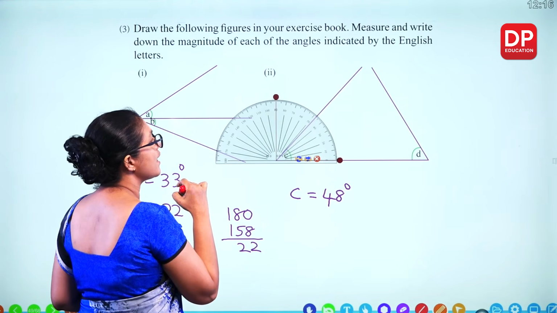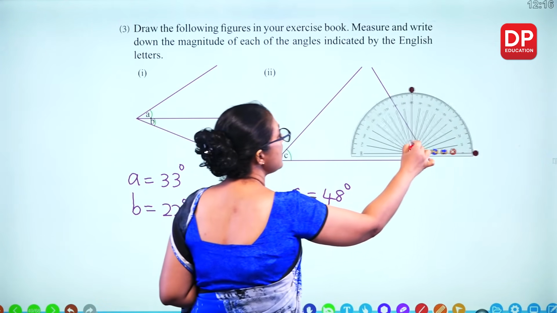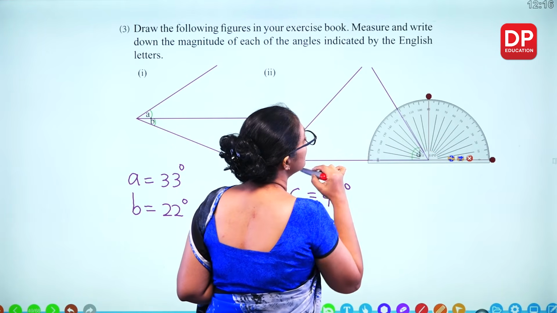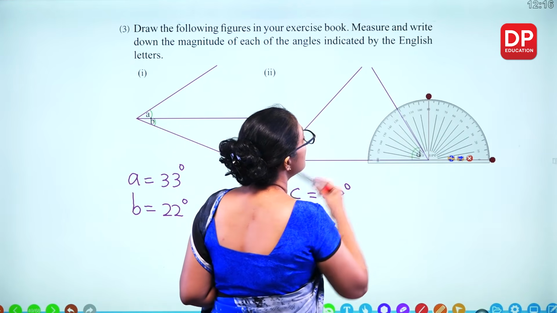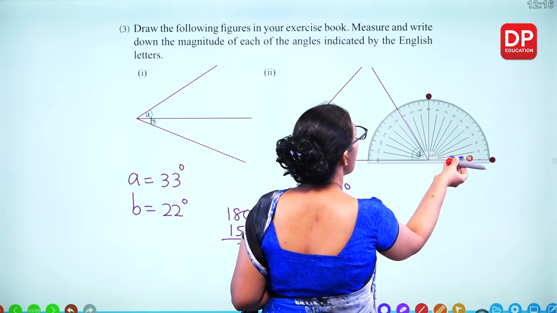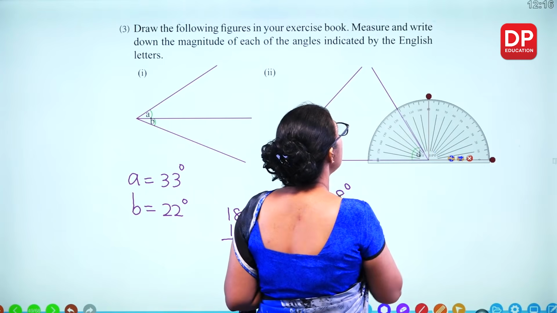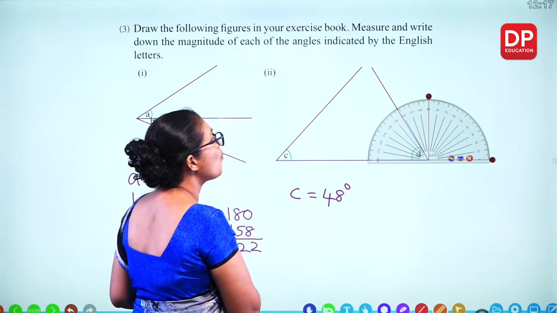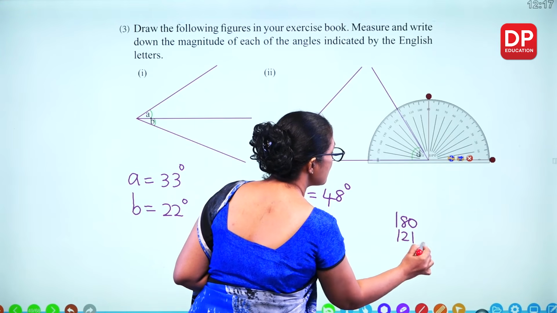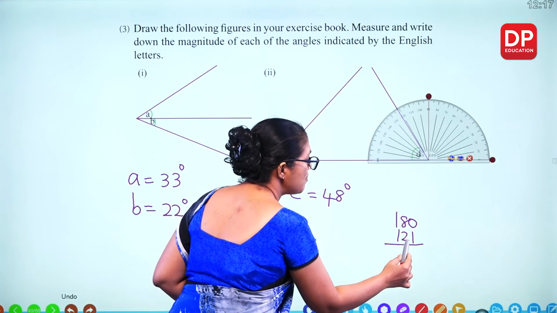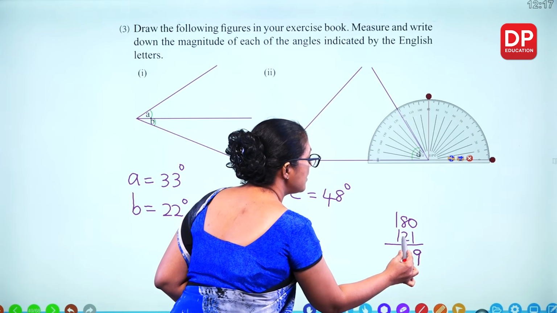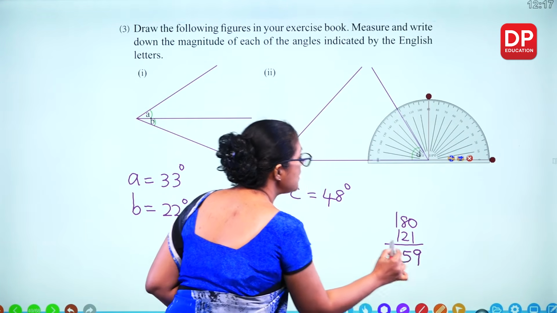That's an acute angle. And what about the D angle? Here I can read from here, 121. So 180 minus 121 is 59 degrees.